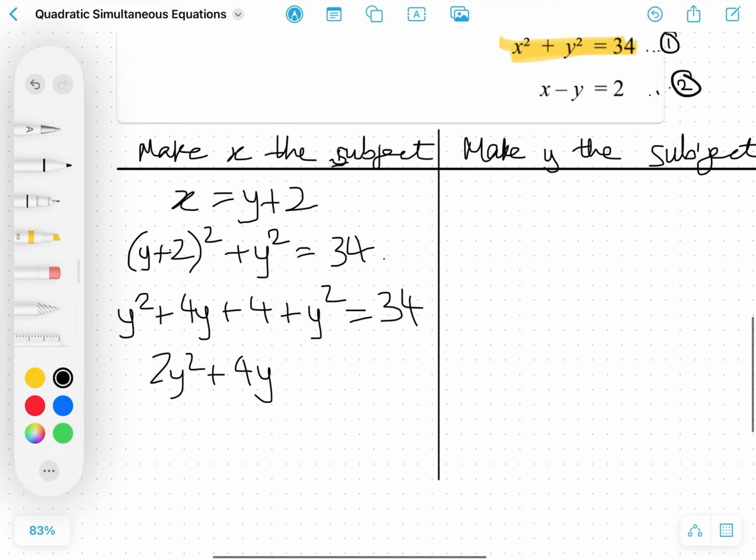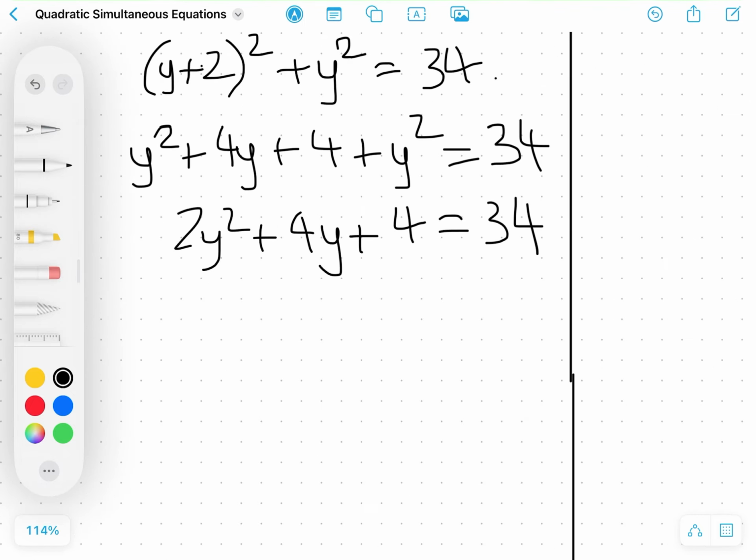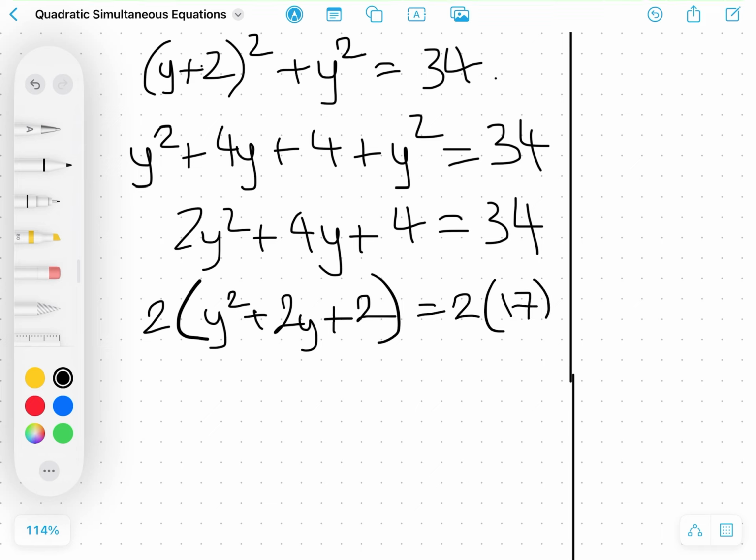So now 2y squared plus 4y plus 4 equals 34. Now you could take out a factor of 2 from both sides. 2 times 17 is equal to 34.